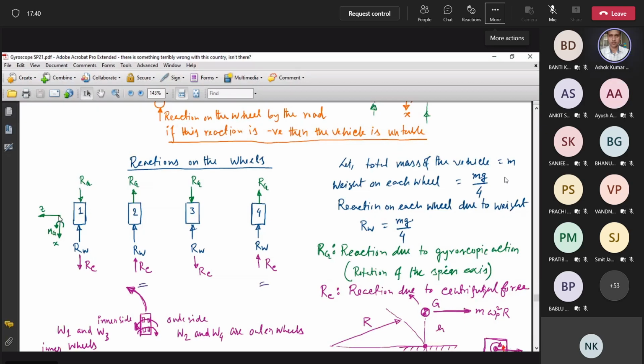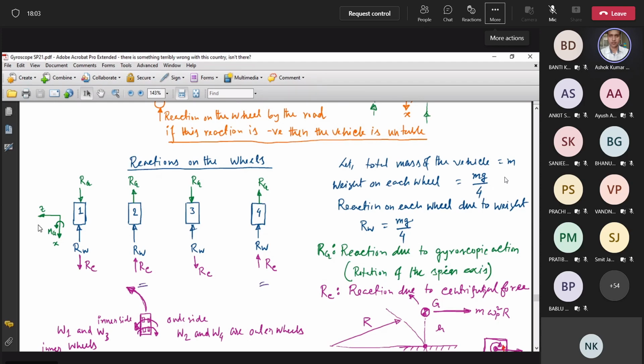X-axis. This is the x-axis, right? And you need not remember why this is about the x-axis. Just see, about the z-axis the angular momentum vector is there. When it is taking this left turn, the new angular momentum vector will be this much. So what is the change?